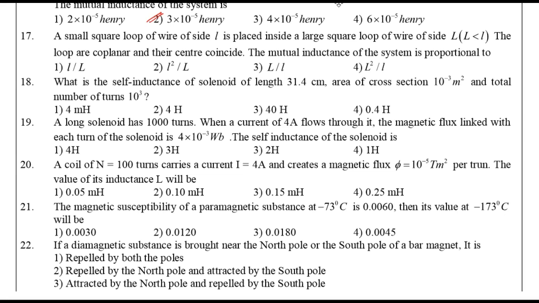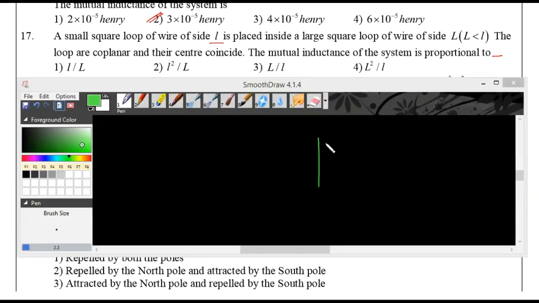A small square loop of wire of side l is placed inside a large square loop of wire of side L. The loops are coplanar and the centers coincide. The mutual inductance of the system is proportional to? We have squares. First one is bigger square.